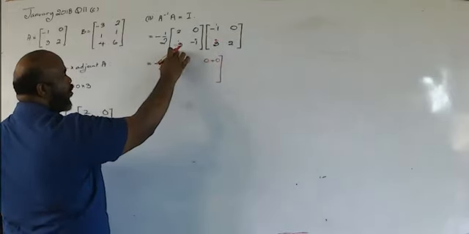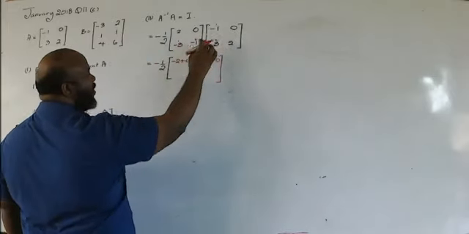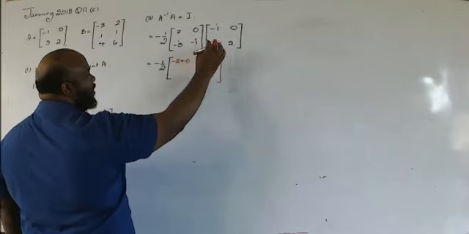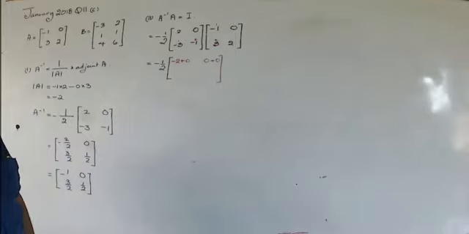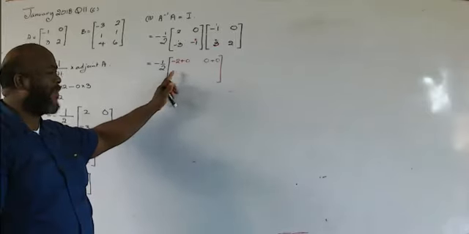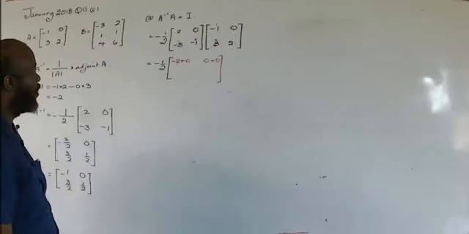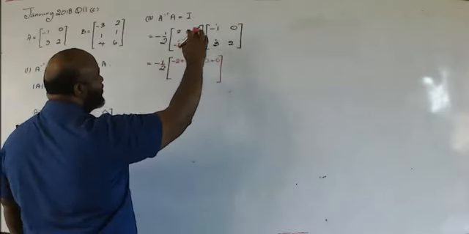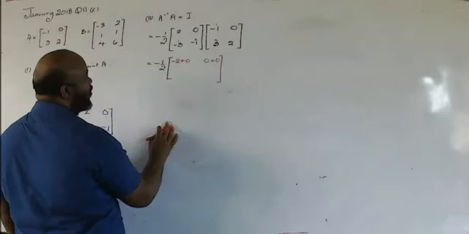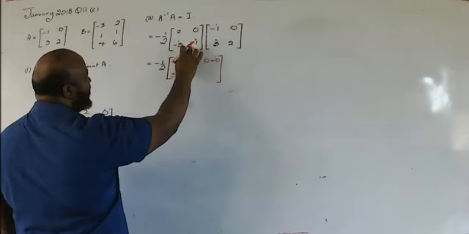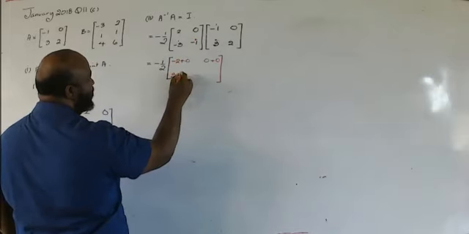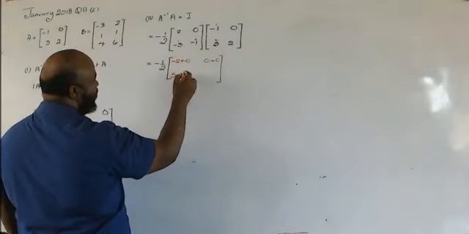A negative times a negative is a positive, 3 times 1, 3. A negative times a positive is a negative, minus 1 times 3, negative.